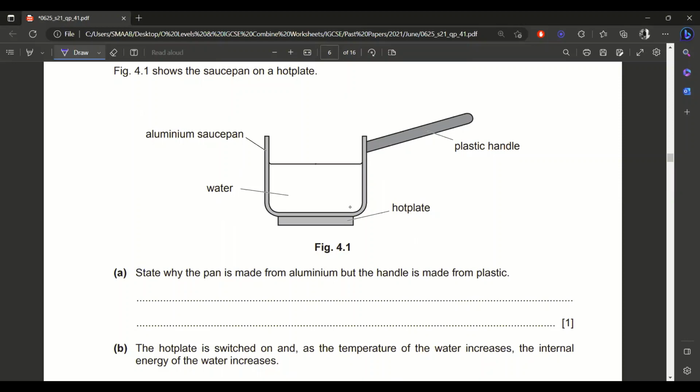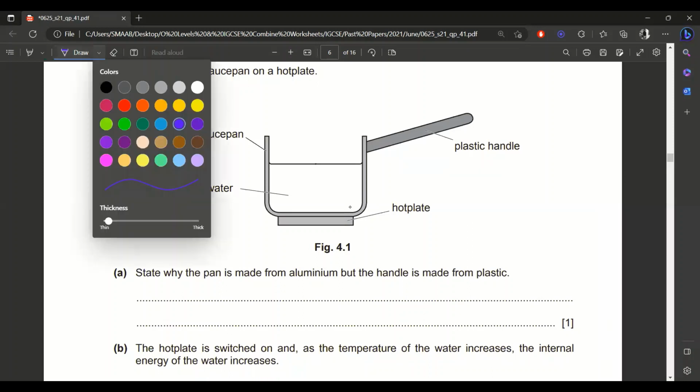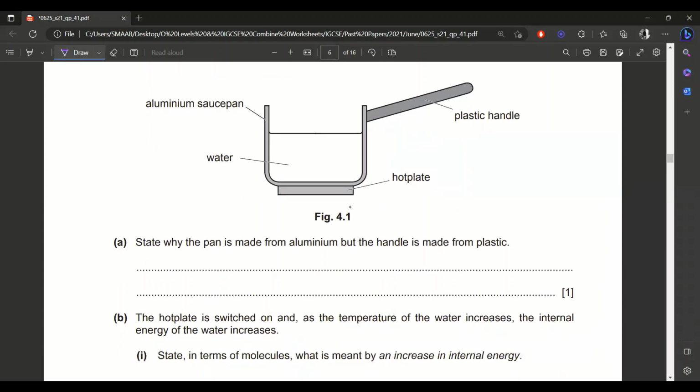So as compared to the property of aluminium and plastic, aluminium is a good conductor and plastic is an insulator. So that's why we use aluminium and plastic.